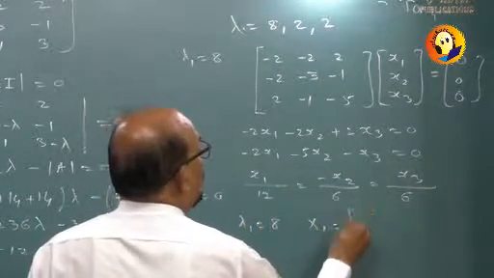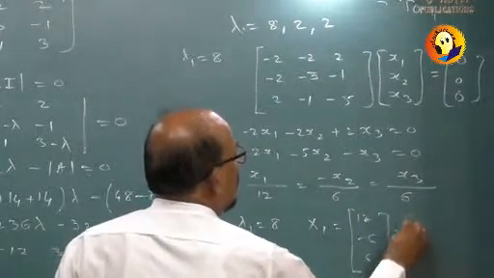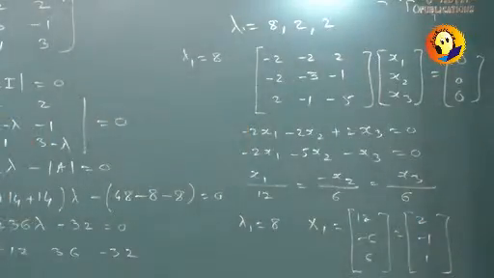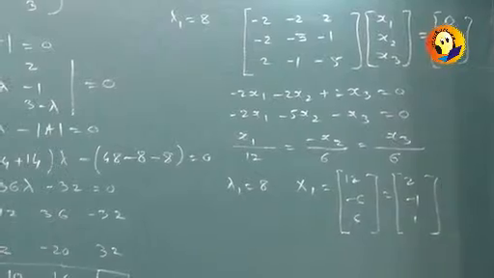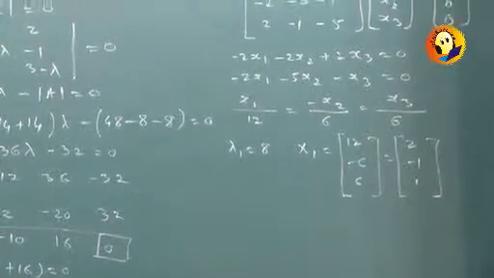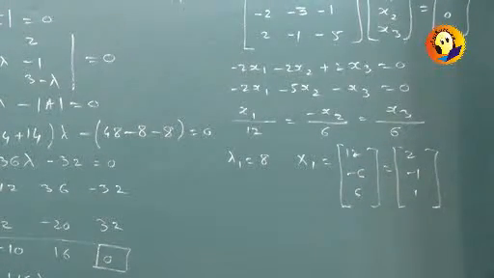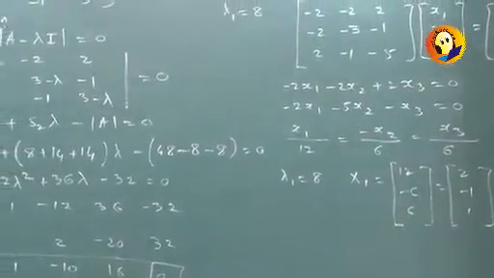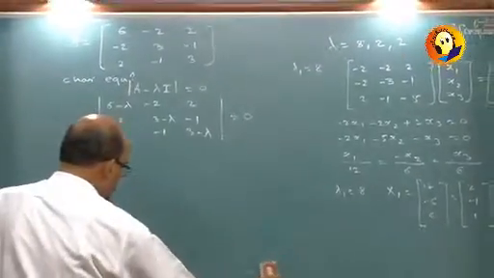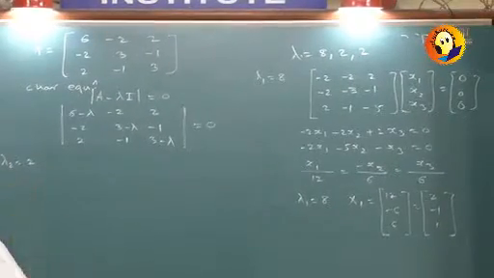Capital X1 will be 12, minus 6, 6, that is actually 2, minus 1, 1. Here there is no difference, like for a distinct root there is no problem. And when the root repeats, then the problem might begin at lambda 2 equal to 2.